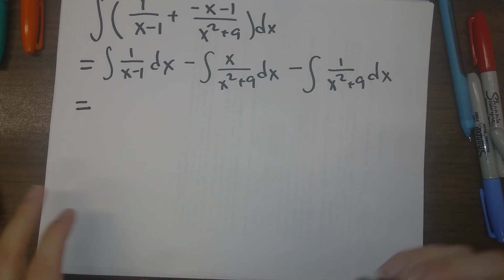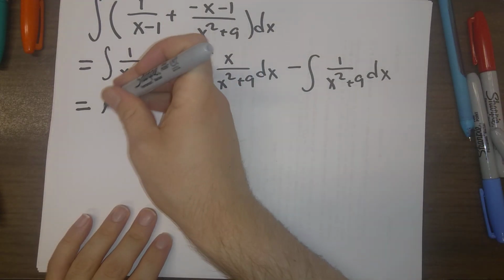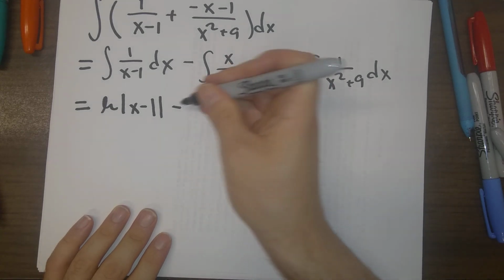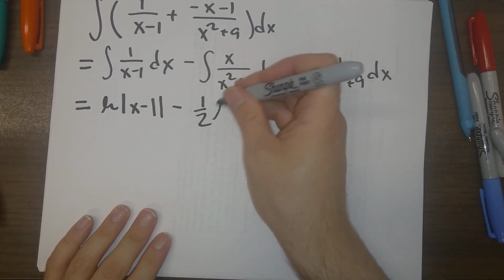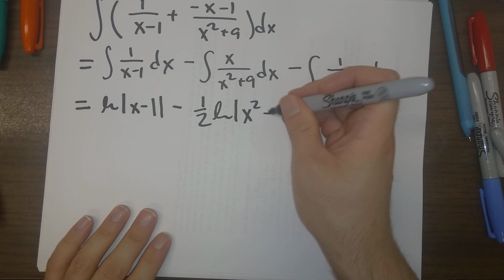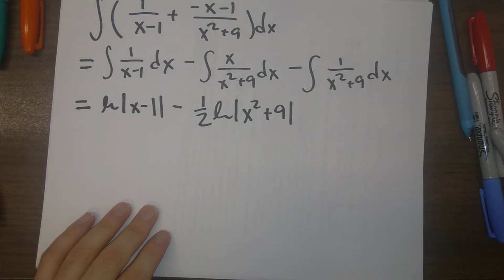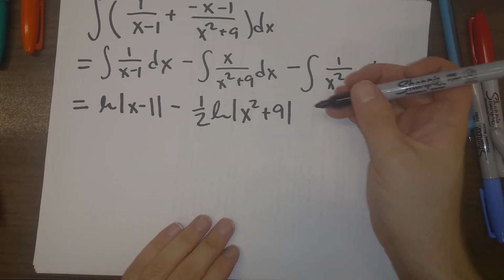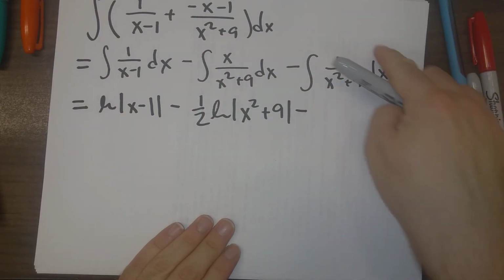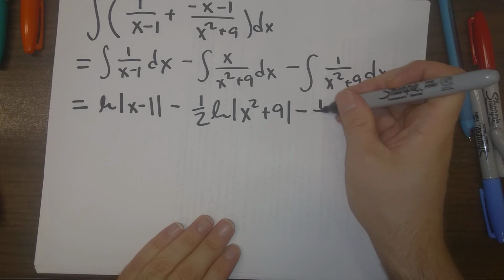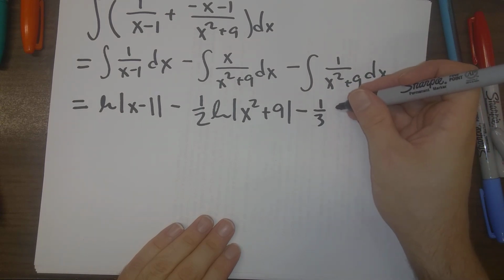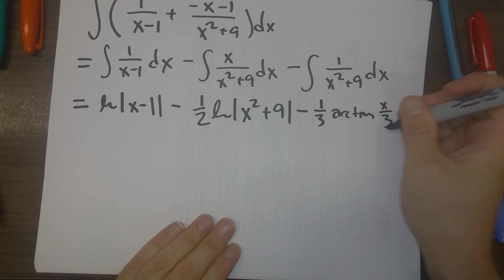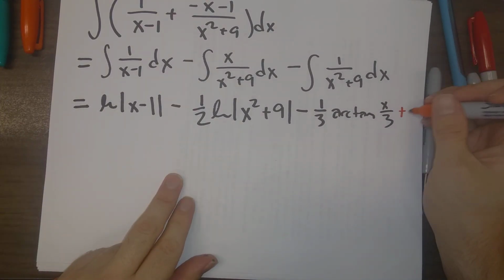Using all the appropriate formulas, we get natural log of the absolute value of x minus 1, minus 1/2 natural log of x squared plus 9. We don't need the absolute value there because x squared plus 9 is never negative. And this is minus 1/3 times arctangent of x over 3, plus c.